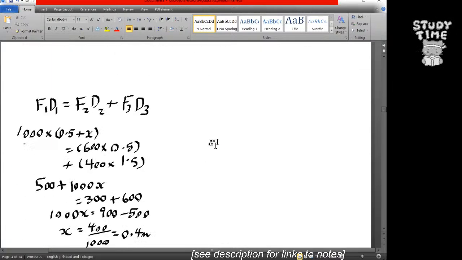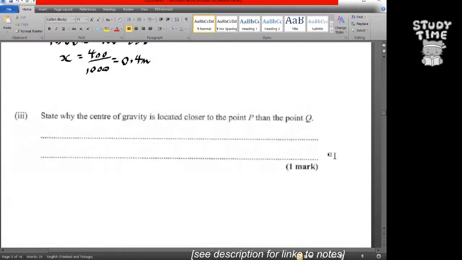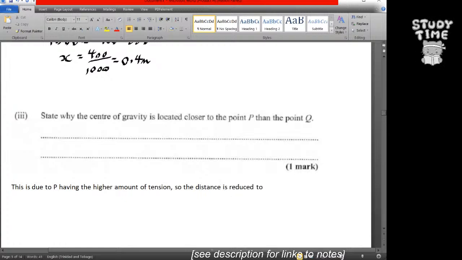So what you would say here is this is due to P having the higher amount of tension. There's only 1 mark, so the distance is reduced to achieve equilibrium, something like that.